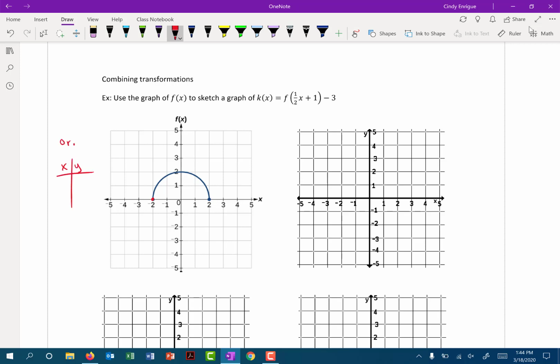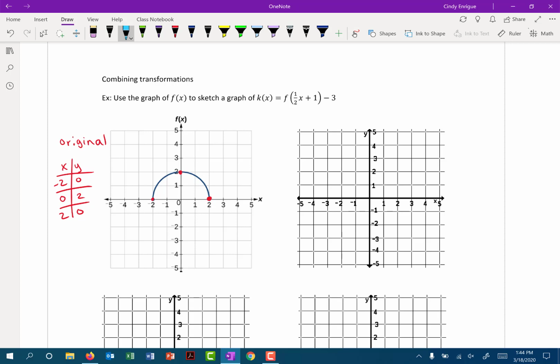I'm going to have these as my original points, and we're going to see how each one gets transformed. So that's a -2, 0. This point right there is a 0, 2. And the last point of interest over here is 2, 0. So now I'm going to be working with 3 points. Now I'm going to see how each one is going to be transformed.